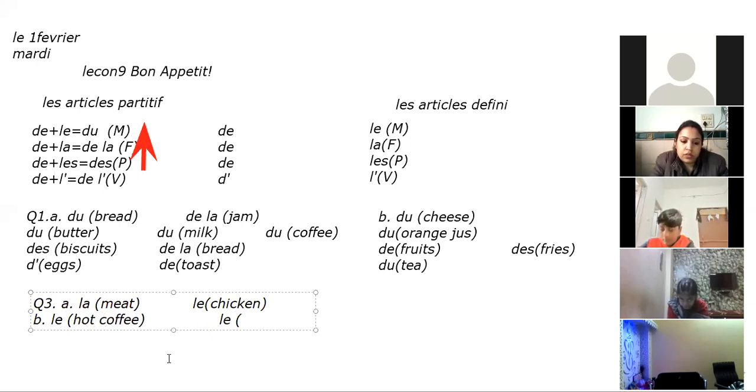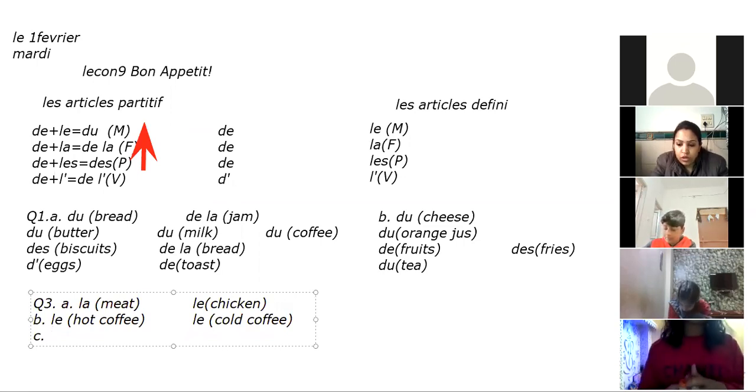And this café froid is cold coffee. First, you have to keep in mind that whatever things we are talking about, are they masculine, are they feminine, vowel or plural? Accordingly, you are going to place the articles.